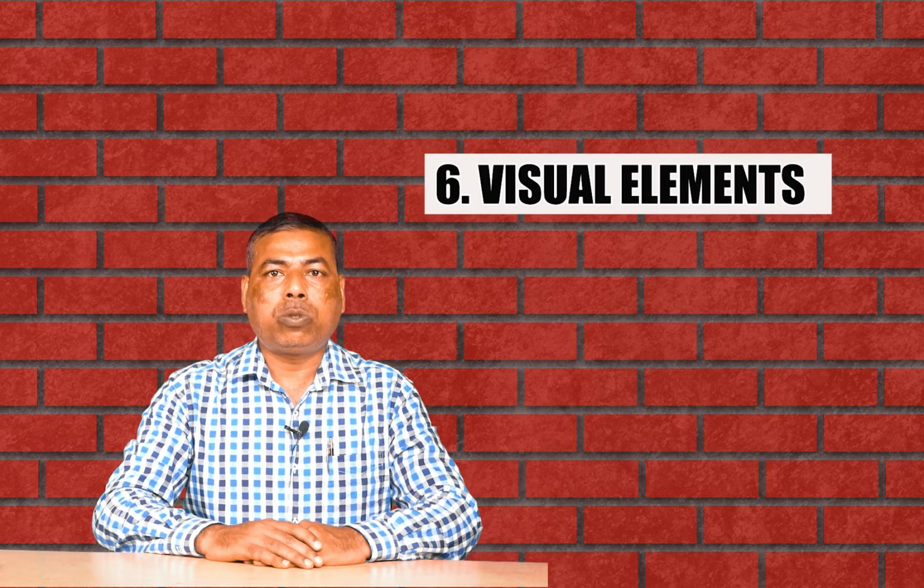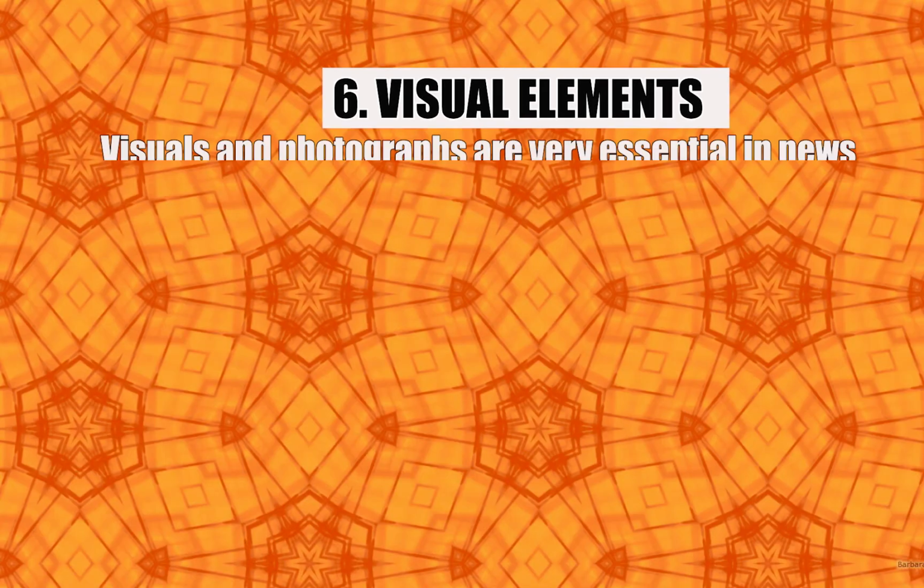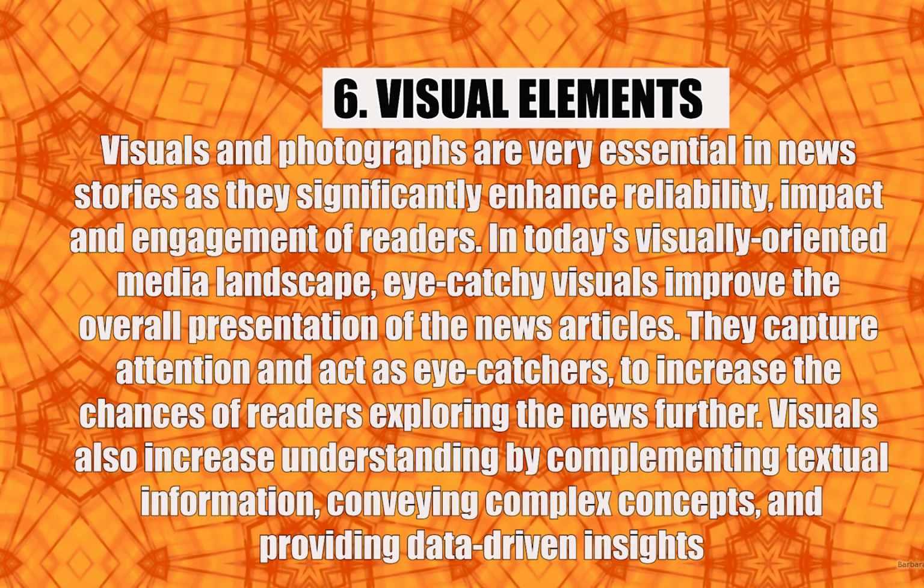Number 6. Visual elements. Visuals and photographs are very essential in news stories as they significantly enhance the reliability, impact, and engagement of readers. In today's visual-oriented media landscape, eye-catching visuals improve the overall presentation of a news article.